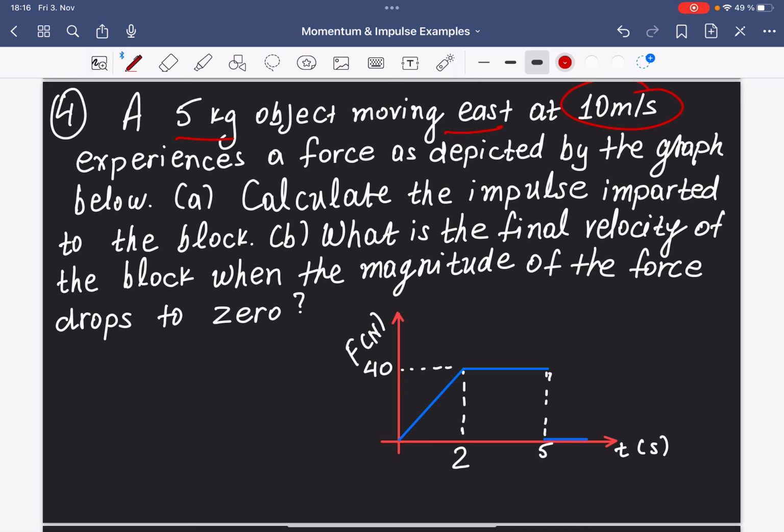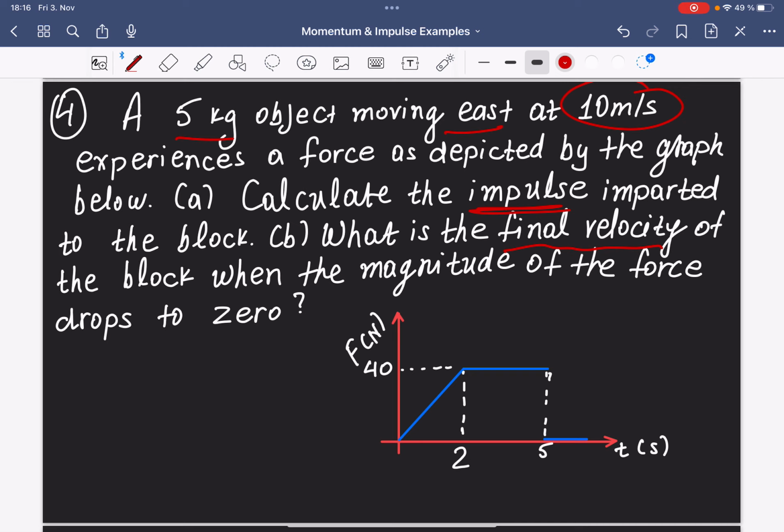For the first 2 seconds it increases up to 40 newtons, then for the next 3 seconds remains constant and then drops to 0. Now the first question is, we need to calculate the impulse imparted on the block, and question B, what is the final velocity of the block when the force dropped to 0.